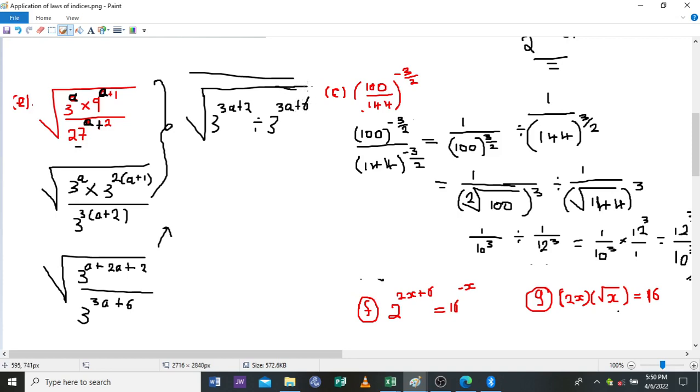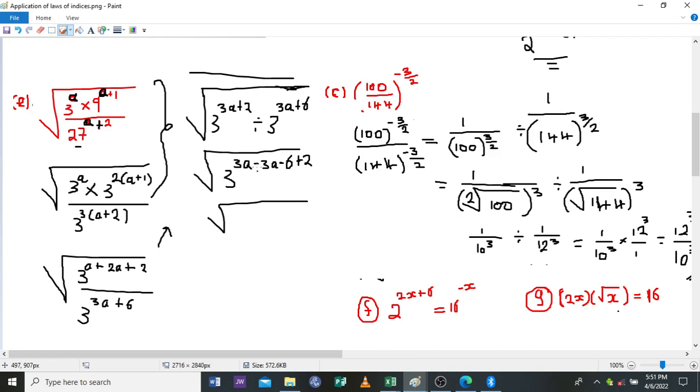So we have this square root up to there. Again, this simply means we can subtract the powers under division. So if we subtract the powers, we are going to have 3a minus 3a, minus 6 plus 2. Let's make sure you are not confused here.